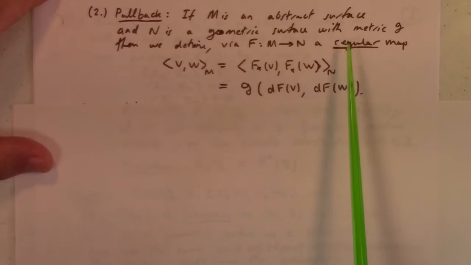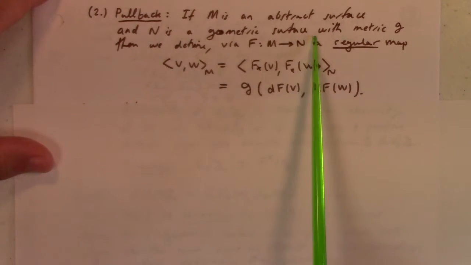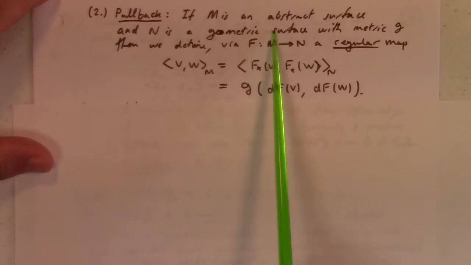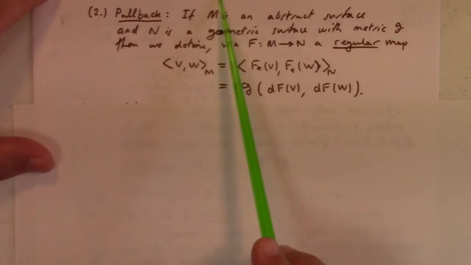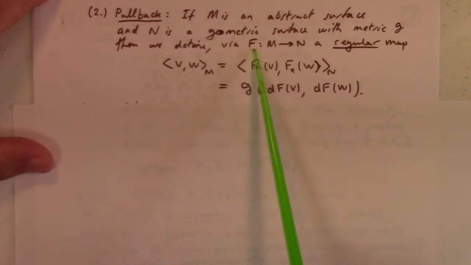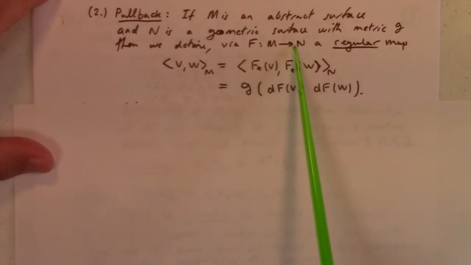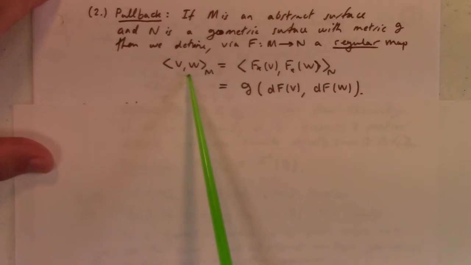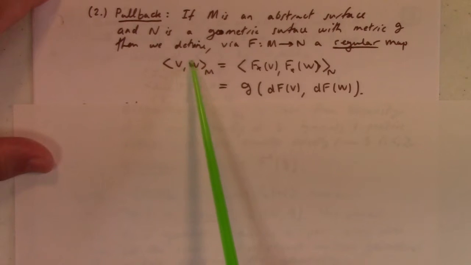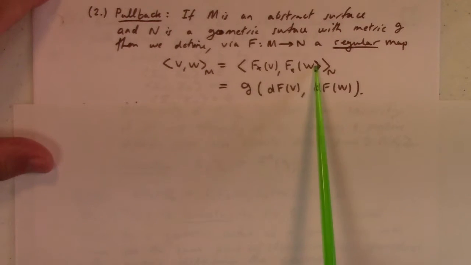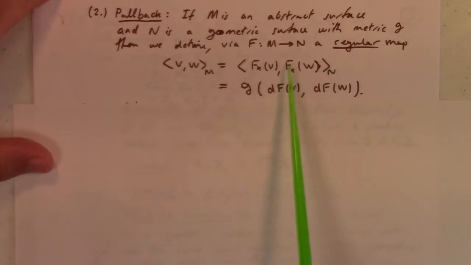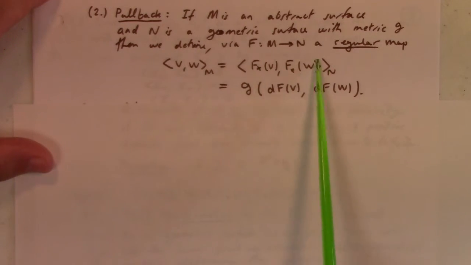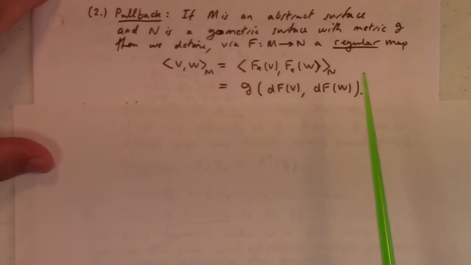So again, suppose you have N as a geometric surface, which means that it has a metric on N, and I want to build one on M by pulling it back through this regular map f. So the definition for the metric on M, you just take the vectors on M, push them forward to corresponding vectors on N, and take the metric on N to evaluate what happens there.